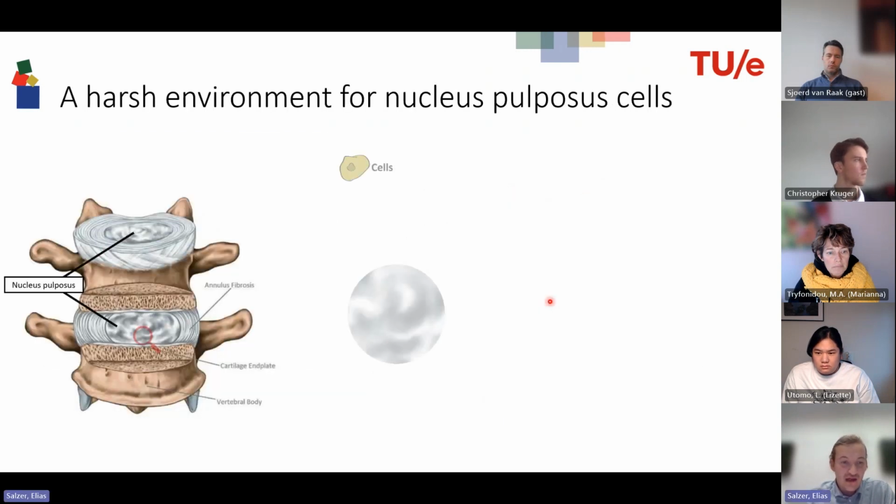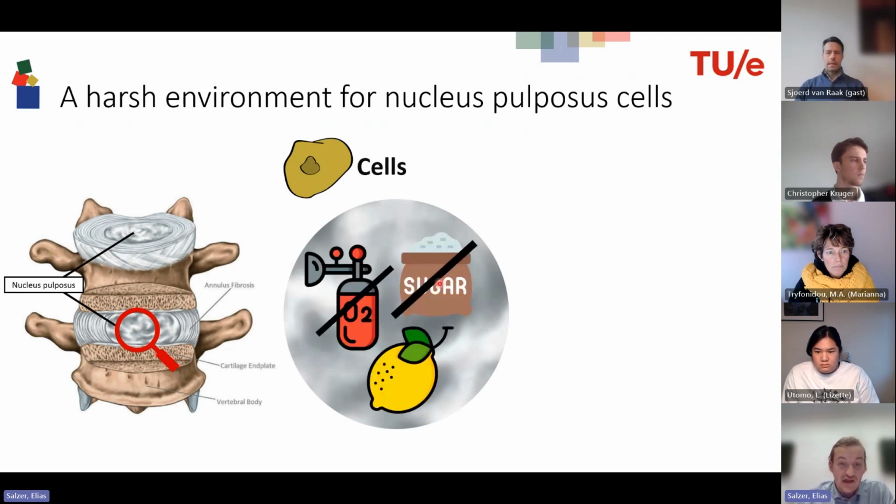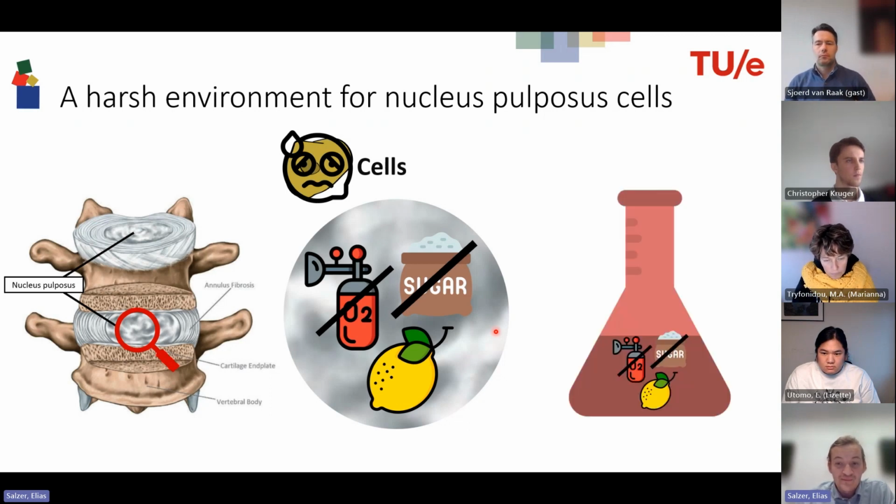And when we now take a look at what this means for the cells in the nucleus pulposus, well, we see that there is very little sugar because that is transported via blood, oxygen as well, and it is quite acidic. That's the byproduct of one of the metabolites, one of the waste products that the cells produce. So it's a very, very harsh environment for these cells, and it's very difficult for cells to survive in the environment that is in the degenerated disc.